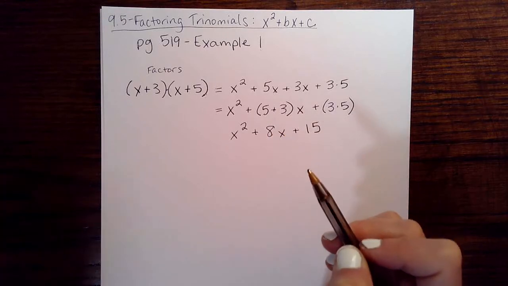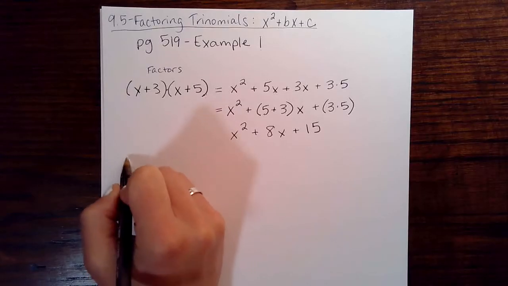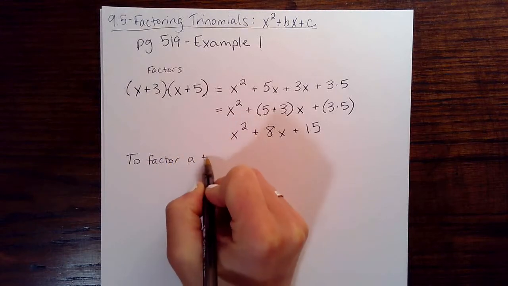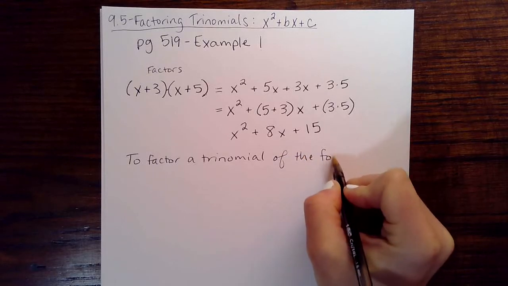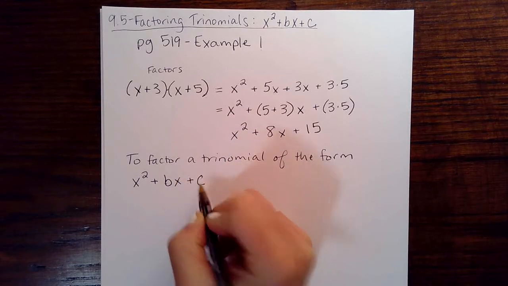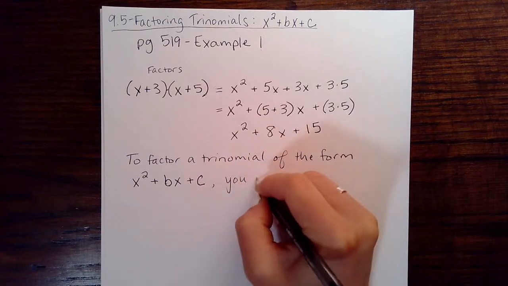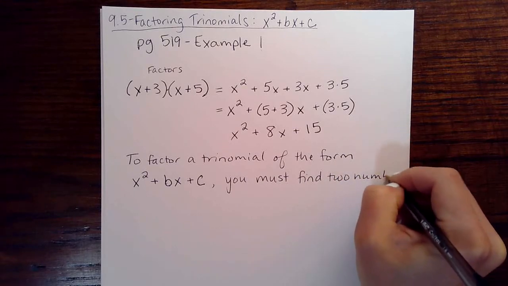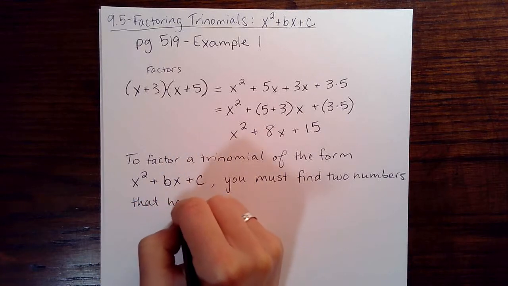So when we factor a trinomial, and this is the last sentence in that introduction that I think is really important, to factor a trinomial of the form x squared plus bx plus c, some coefficient and some constant, you must find two numbers that have a sum of b.